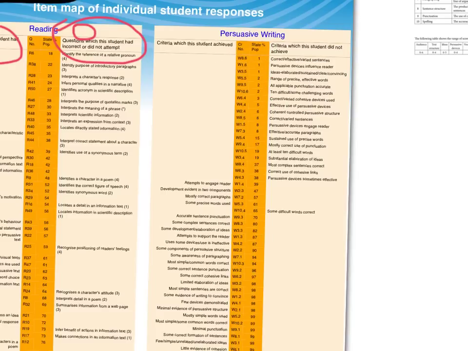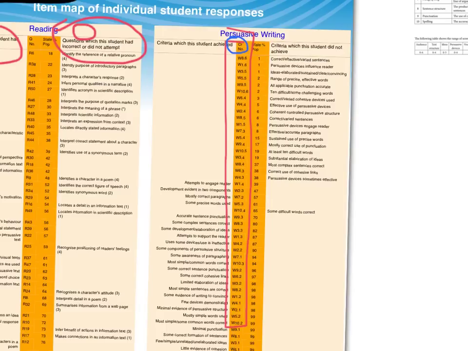The thing that is actually quite confusing is this column here. And so that's what I want to talk to you about for a minute. Instead of a question number, you'll notice that the column heading here says CR number, which actually stands for a criteria number. And you'll see that they all start with a W, which means writing, but then there are a couple of other digits behind it.